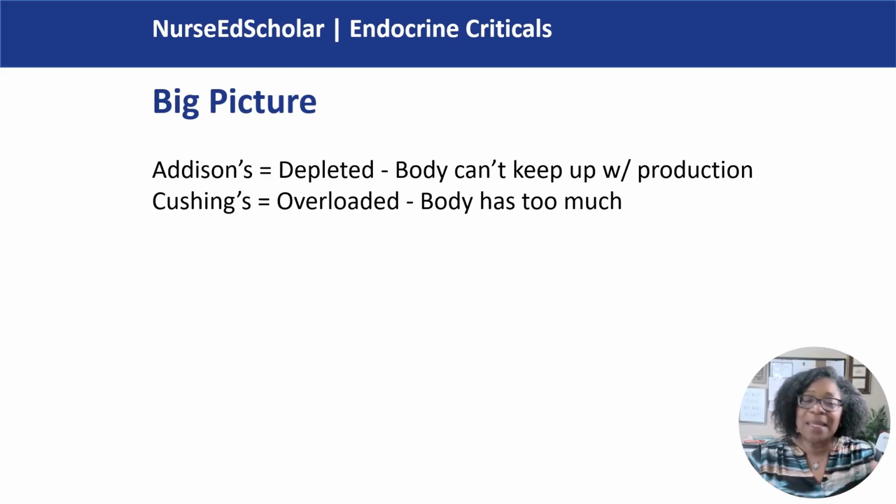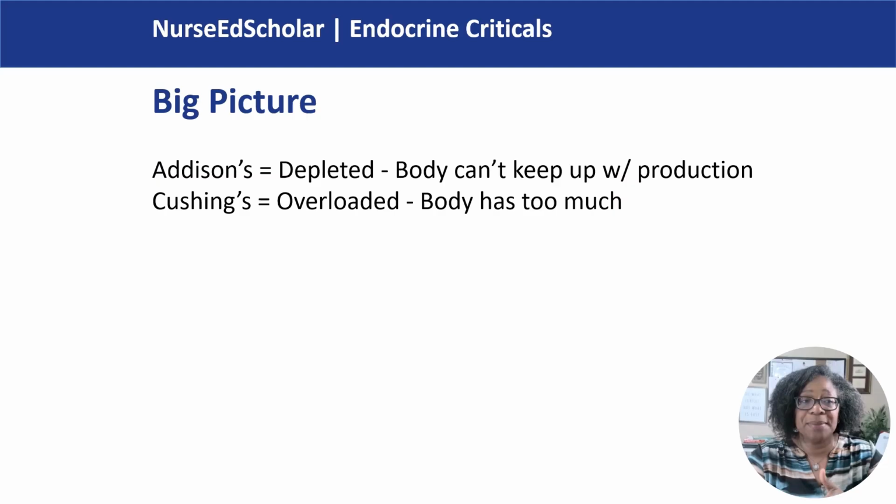And you'll hear me keep repeating this throughout. This is why, when you look at the pictures, a person with Addison's disease looks depleted, weak, thin, whereas the person with Cushing syndrome is overloaded, bigger, heavier, fatter. Okay, so hopefully that helps.